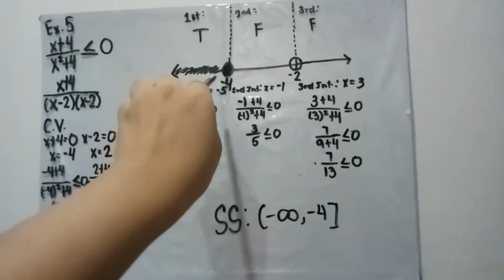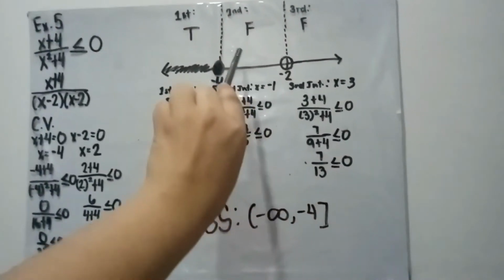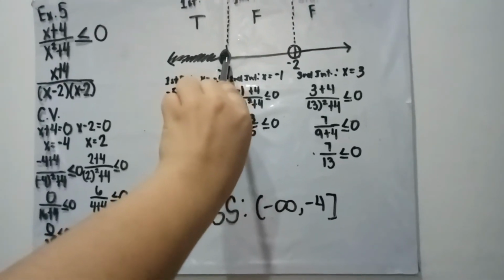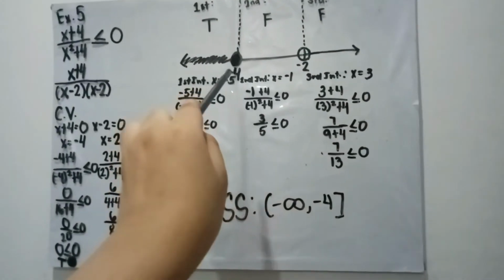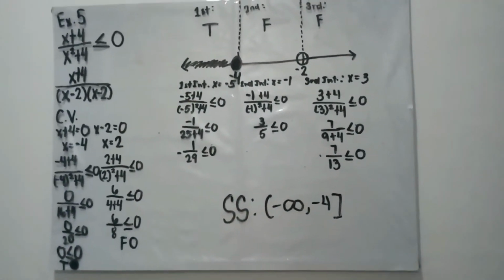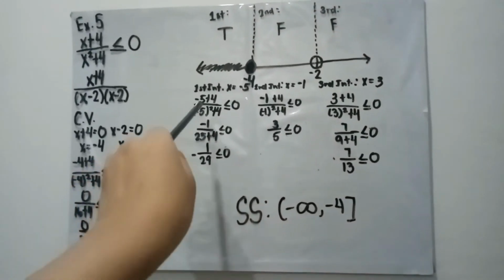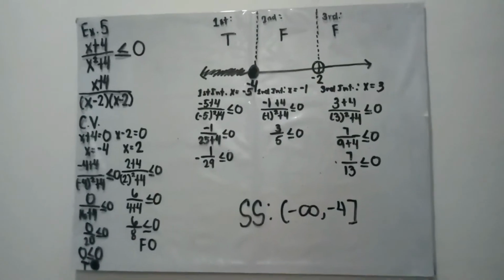Ayan lang kasi ayan lang yung true. And then, again, naka-bracket yan kasi naka-close yung circle yan. Ibig sabihin, kasama yung critical value na number, negative 4, doon sa solution set. Again, lagi lang natin tatandaan and be aware lang dun sa mga negative sign, dun sa mga signs and symbols para tama yung mga sagot natin.